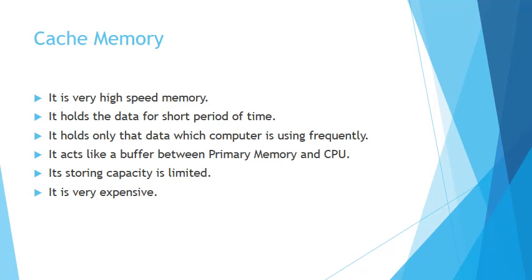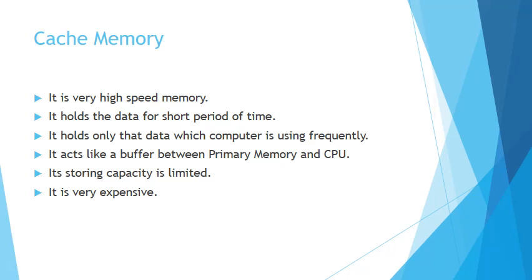Cache memory, we can say, is like a buffer between primary memory and the CPU. Buffer means if the user, meaning we, give any instruction to the CPU, then the CPU performs that task in primary memory. But the instructions that are needed frequently are stored in cache memory.